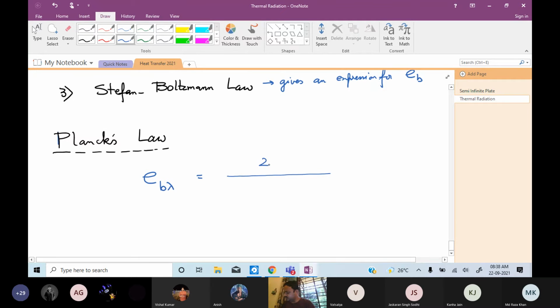In the numerator, you have 2 pi C1. And in the denominator, you have lambda to the power 5 times e to the power C2 by lambda T, minus 1. Lambda is the wavelength, T is the surface temperature in absolute scale. Keep that in mind.